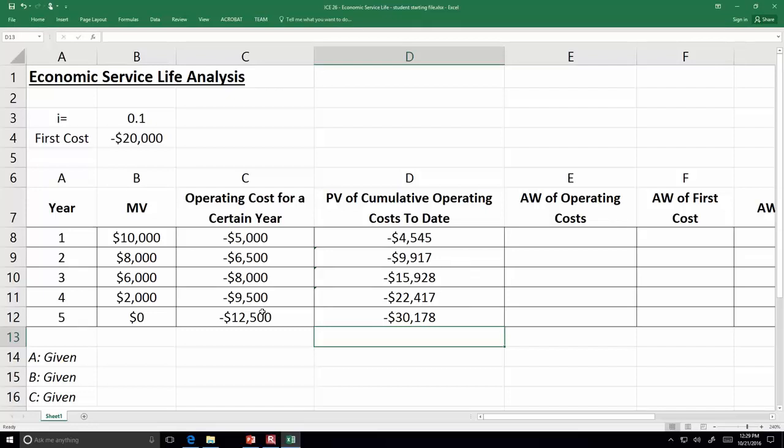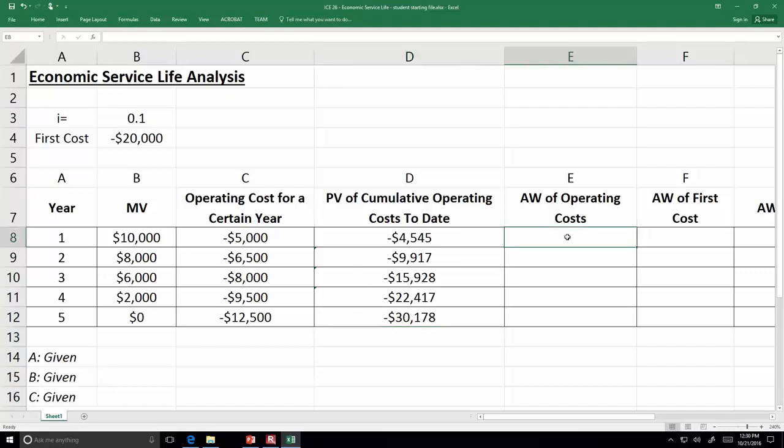So that means if you put $30,178 into the bank, and the account is paying 10% interest, then you'd have enough in that account that you could continually draw from it and pay these operating costs over the 5-year time frame. And at the end, after paying the $12,500, that account would be empty. That's the interpretation of that $30,178.